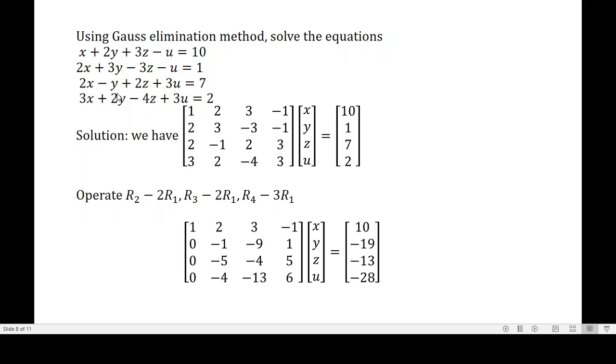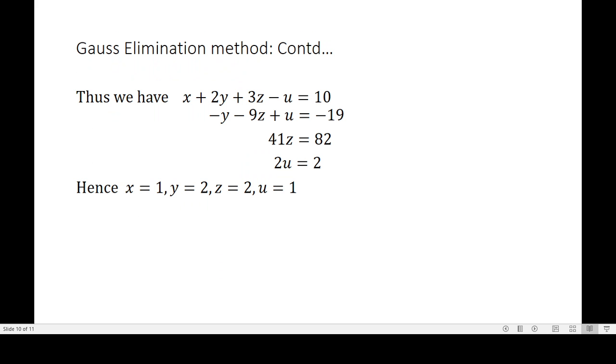We eliminate y from the third and the fourth equations. We eliminate z from the fourth equation and we find u, z, y and x by back substitution. So this method is known as Gauss elimination method, which is one of the direct methods to find the solution of linear simultaneous equations.